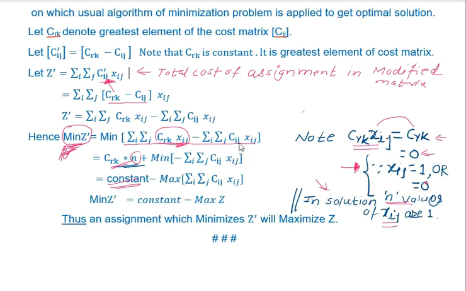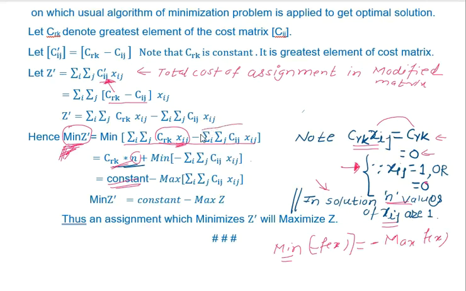The second term is minus double summation Cij Xij. Now the minimum of a negative, the minimum of minus f of x. Suppose there is some function. If you want to take this negative sign outside, we have to change the minimum to maximum. So it is equal to minus times the maximum of f of x.